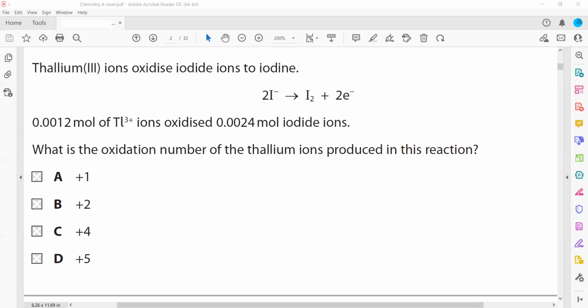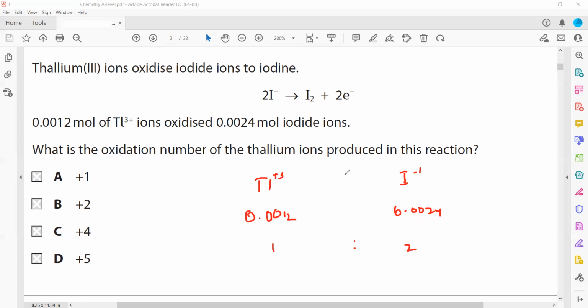The mole ratio for thallium and the iodide, when we take the simplest ratio, is 1 to 2.